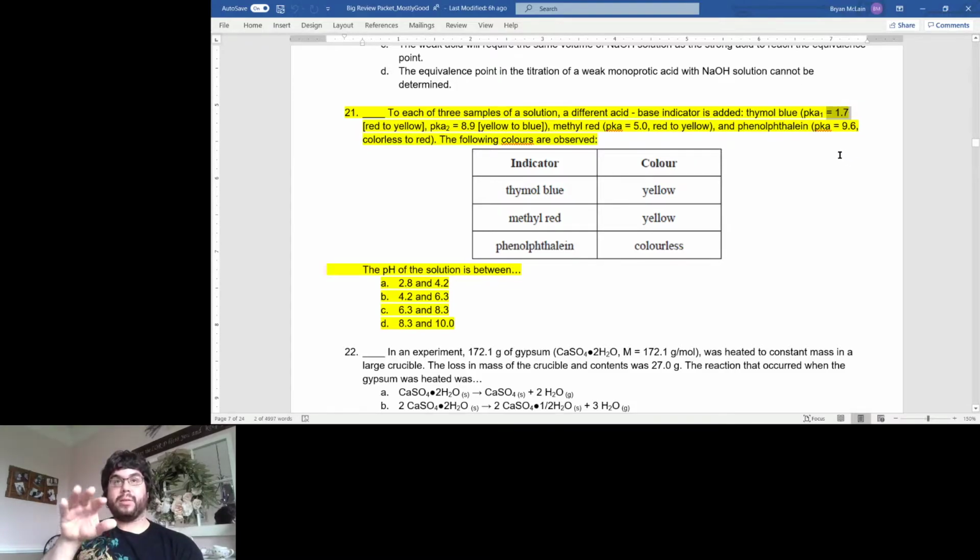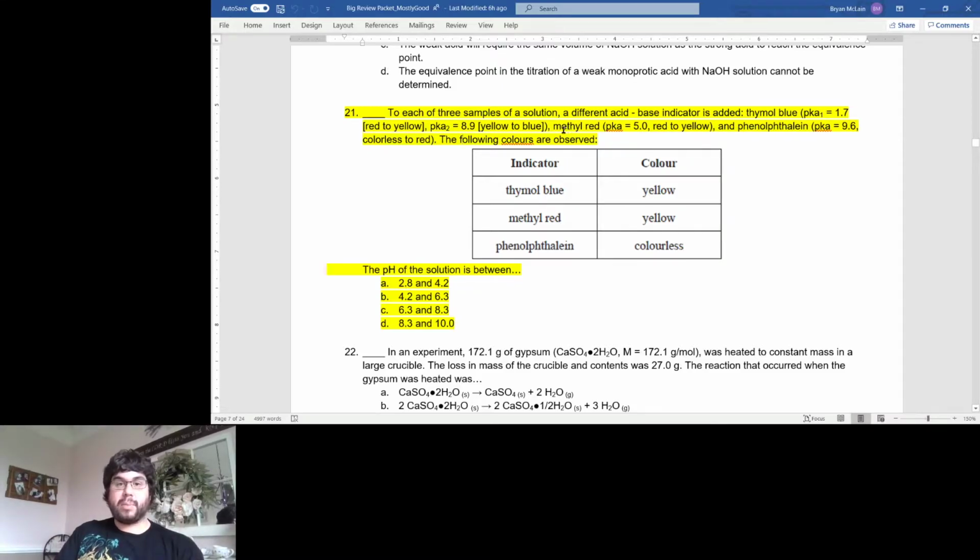Because remember that at the pKa of an indicator, either less than or greater than, the color is going to change. So since the thymol blue is yellow, we know for sure that the solution has a pH greater than 1.7. But we have a pKa of 8.9 here, where it says yellow to blue. So thymol blue staying yellow means that the pH is between 1.7 and 8.9, somewhere in that range.